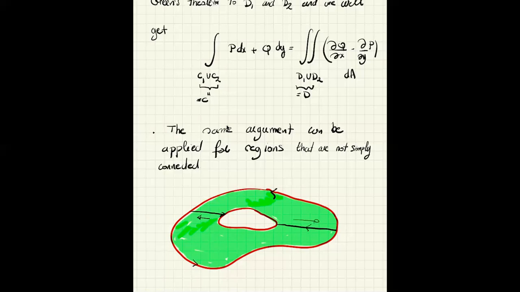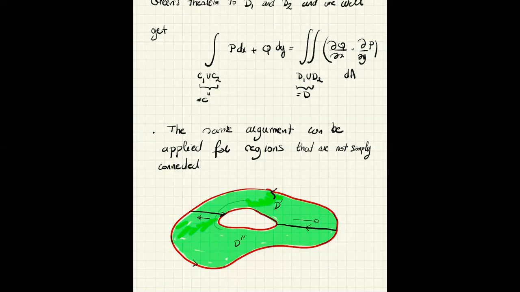This will give you a region D prime and a region D double prime, and they are simply connected, because now every loop you can imagine you can shrink to a point, which was not the case for the union of them.